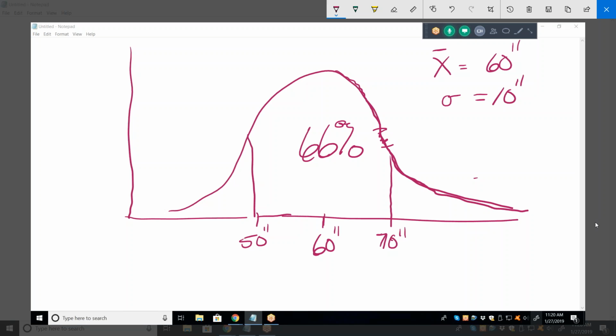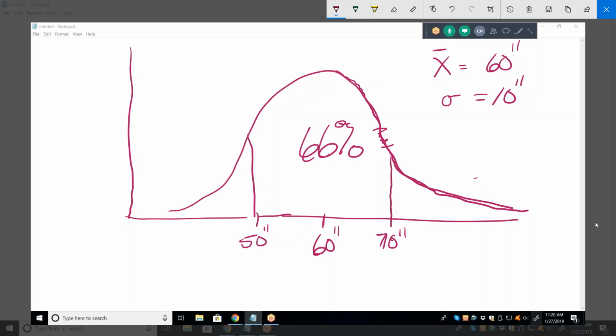In other words, that she would be between 50 inches and 70 inches. Somebody's setting you up on a blind date, and you want to know what the height of your female partner is going to be. You would be 66% confident that it's between these two values.